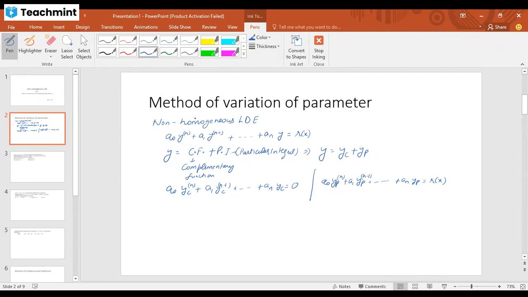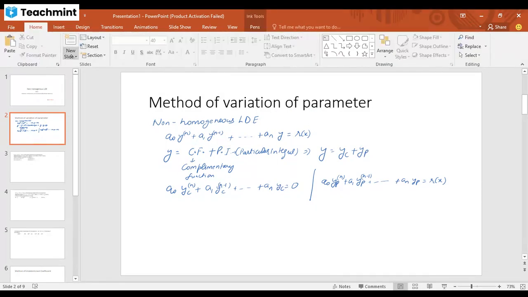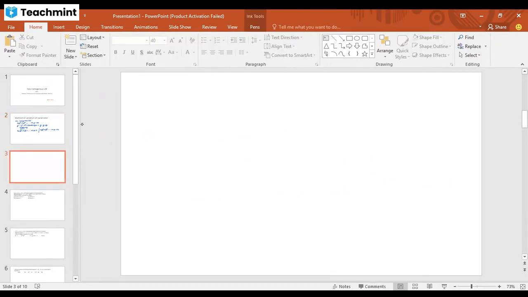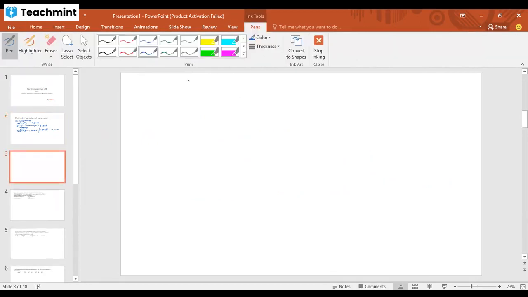So the very first method for calculating the particular integral is the method of variation of parameter. Let us discuss this briefly. Assume a second order differential equation: a naught y double dash plus a1 y dash plus a2 y equal to r(x).